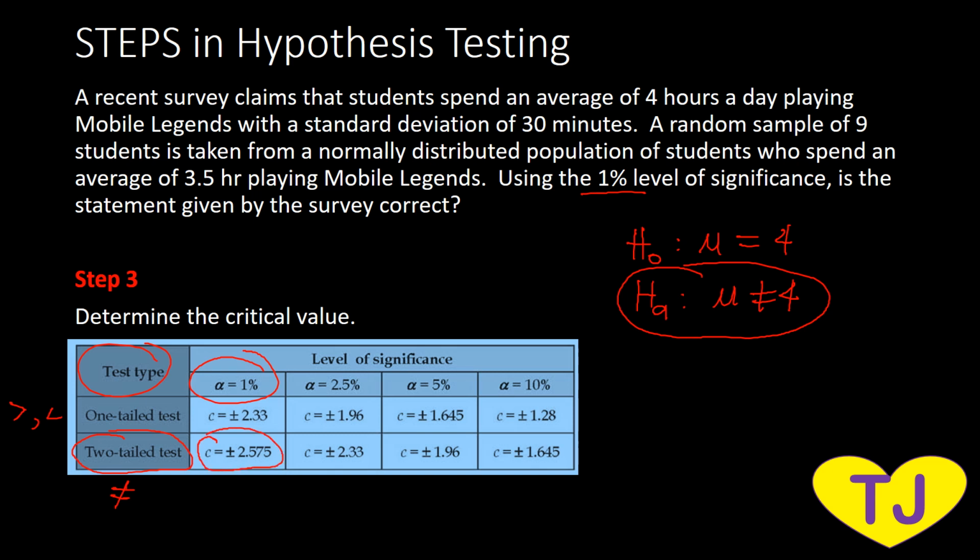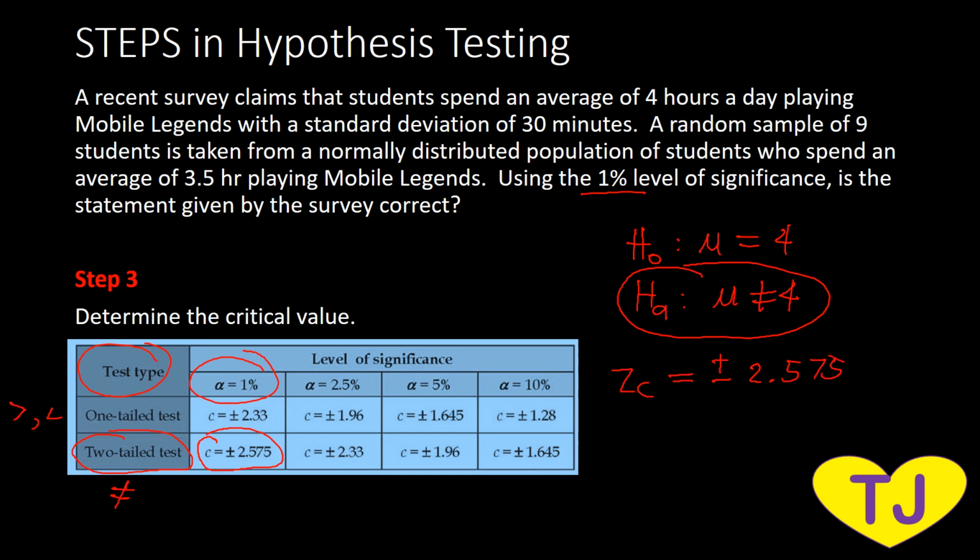Now, by the way, that C there stands for the critical value. But in my class, I always make sure that we have the same symbol. I always state the critical value as Z sub C, which will be equal to positive, negative 2.575.